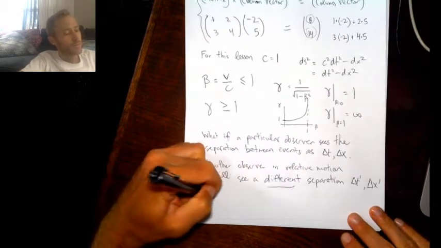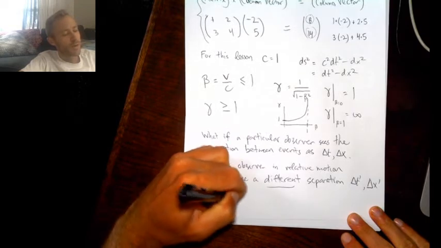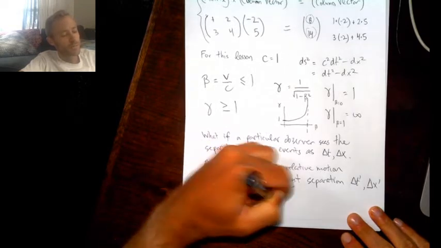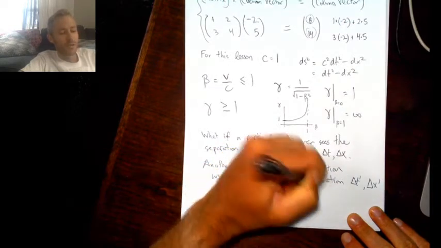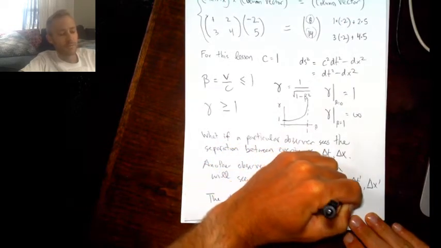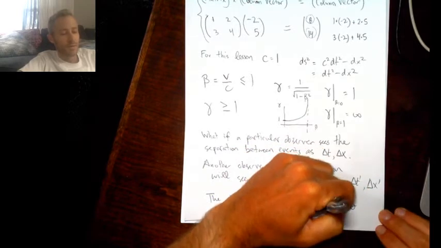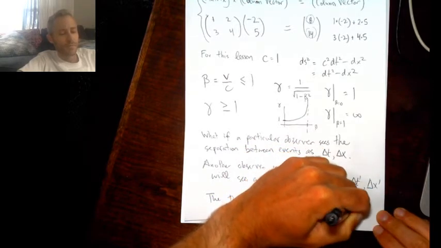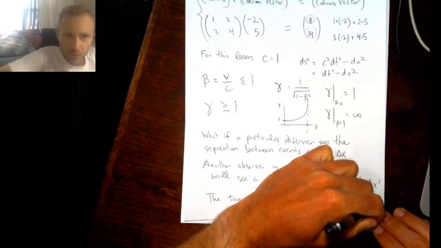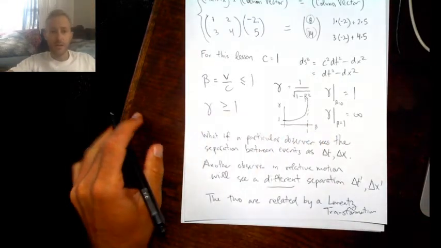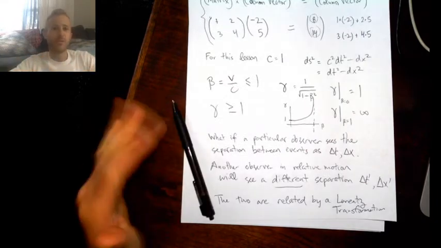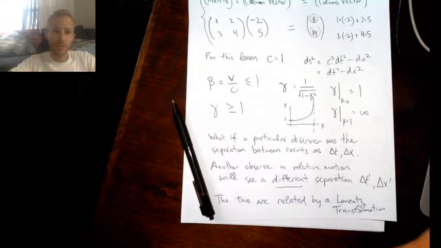So the two are related by what is called a Lorentz transformation. And if you're reading some basic textbook on special relativity, it'll just give you the formula for delta t prime and delta x prime.